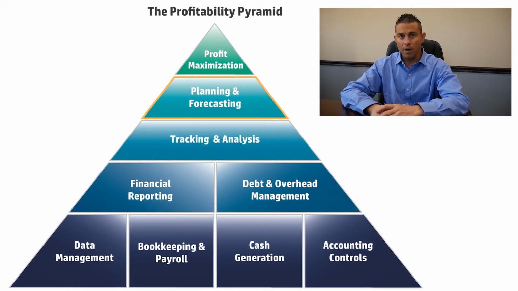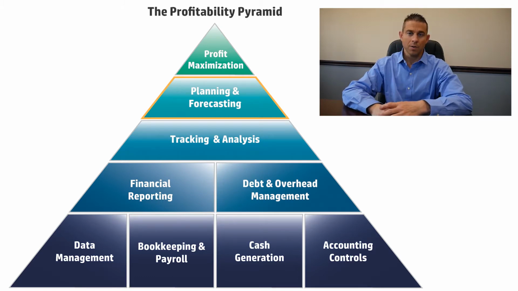The planning and forecasting component of the profitability pyramid is where you take your practice's benchmarked historical data and use it to set realistic financial and projected goals for the future.